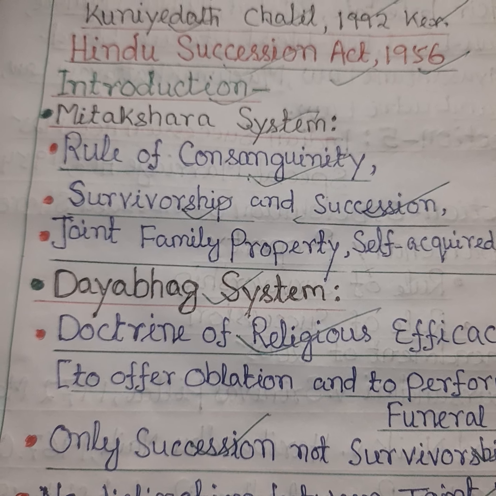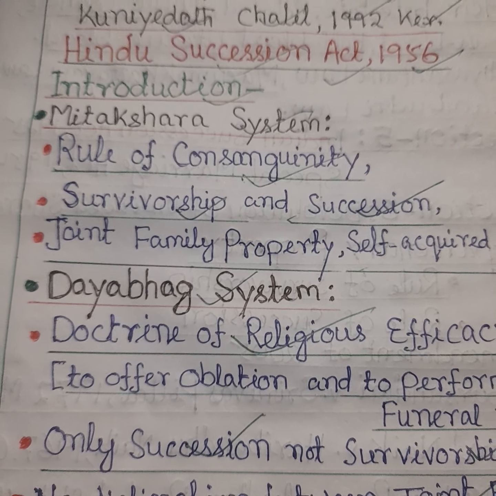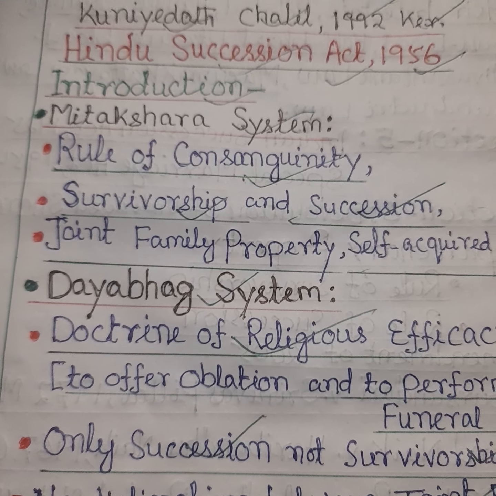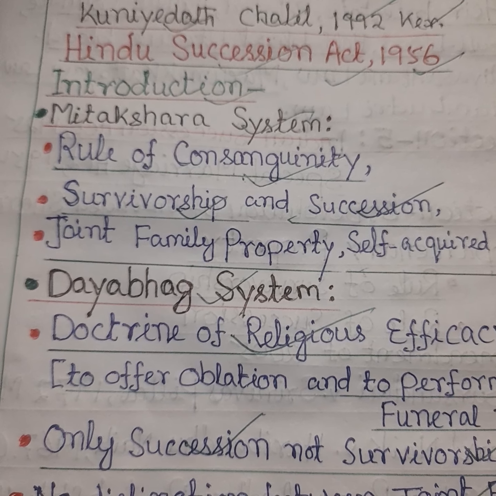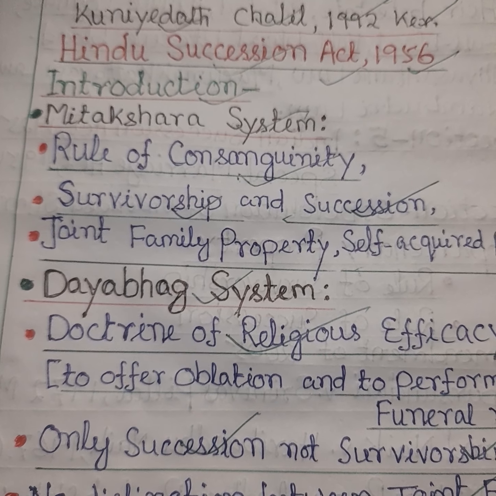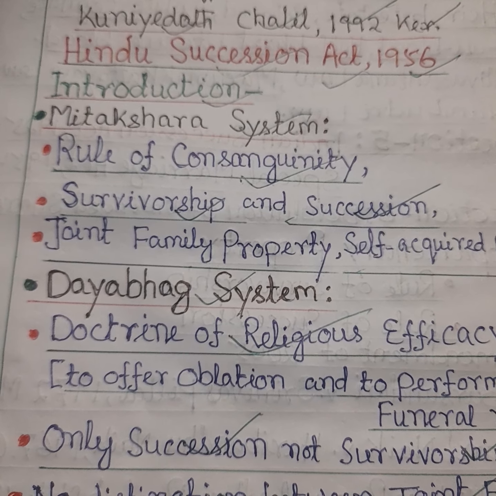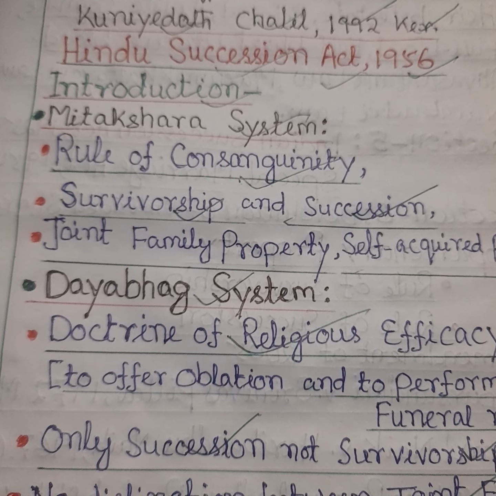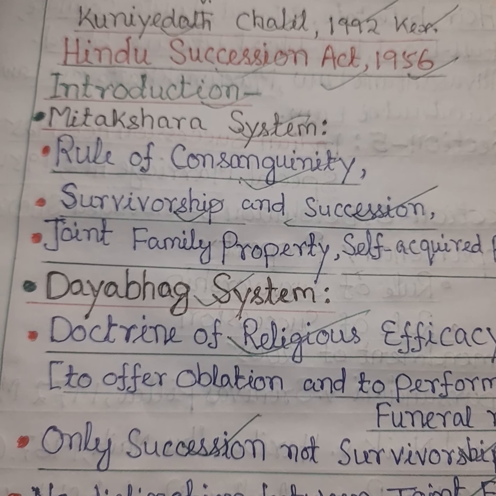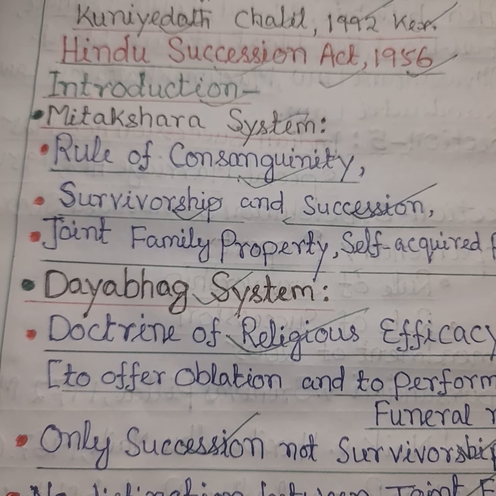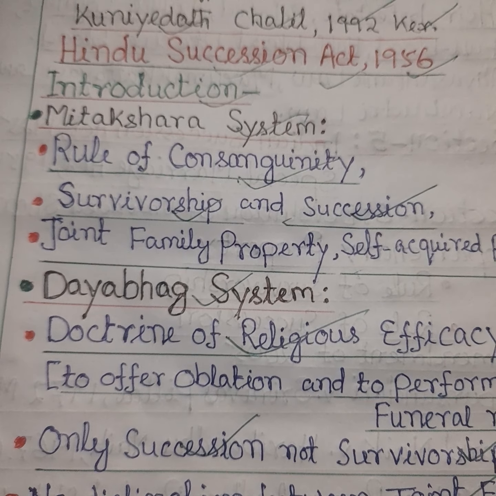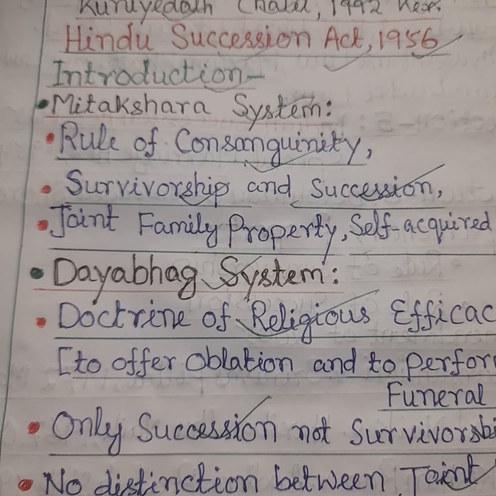It deals with intestate succession. The very object is to create a uniform system of law of succession for all sections of Hindus to meet the needs of a progressive society.